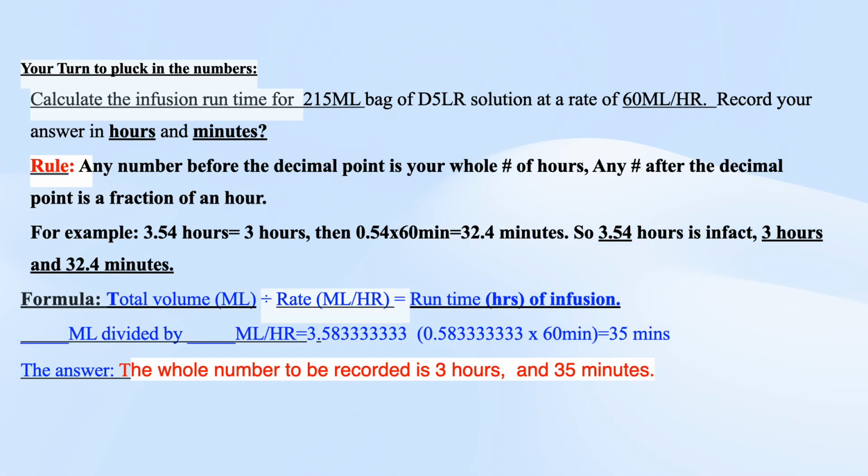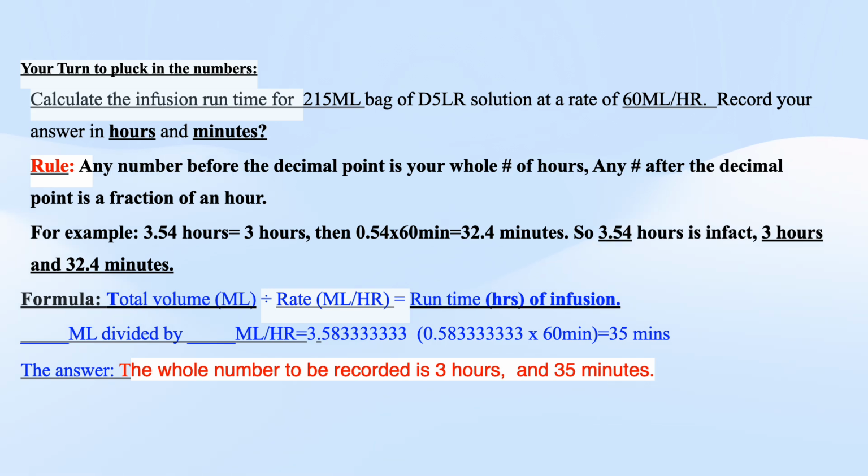Now remember the rounding rules in part 1. Anything before the decimal point is your whole number, that's the place value for the whole number. So we have 3 whole hours. And then what happens? This is where many people make mistakes. They take the 0.58 and put that as the minutes. But everything after the decimal point is a fraction of a whole hour, so that's not the actual minutes.